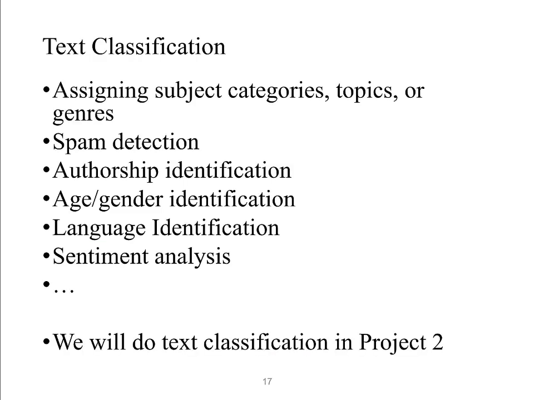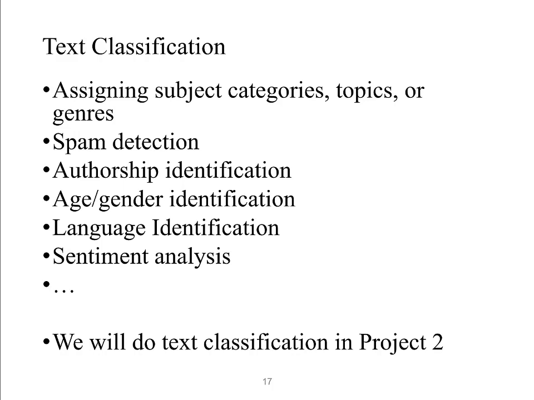Now let's look at a concrete example, which is text classification. Let's start from the problem itself, and in today's lecture we will introduce how to use naive Bayes, a well-known classification method, to solve the problem.